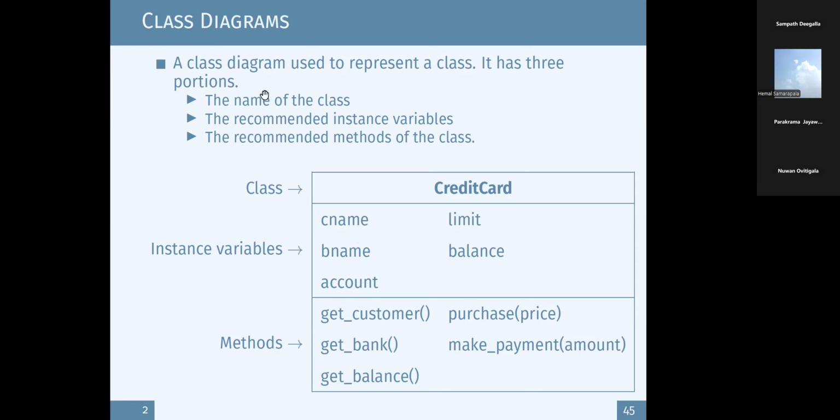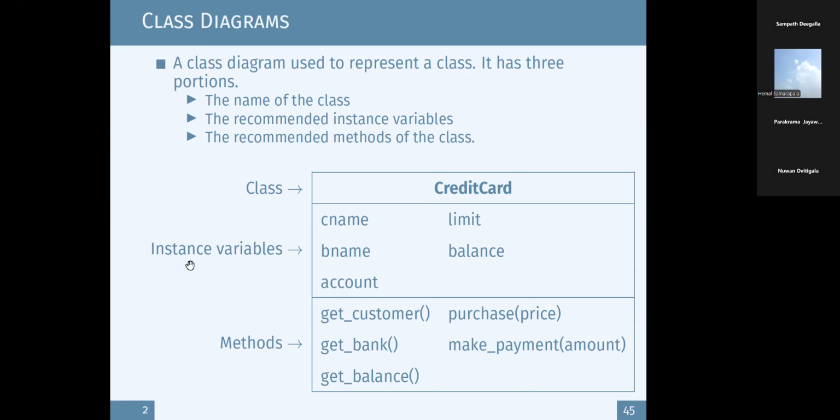In this example, I'm representing a credit card. In a credit card, we want to keep track of customer name, bank name, account details, credit card limit, credit card balance.